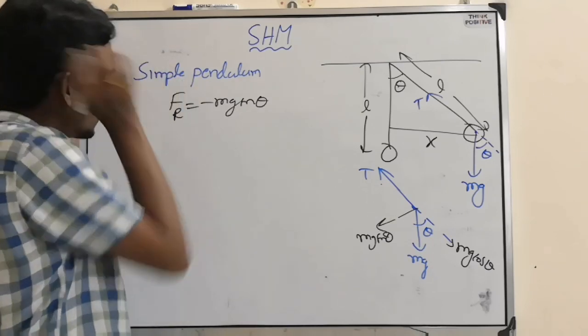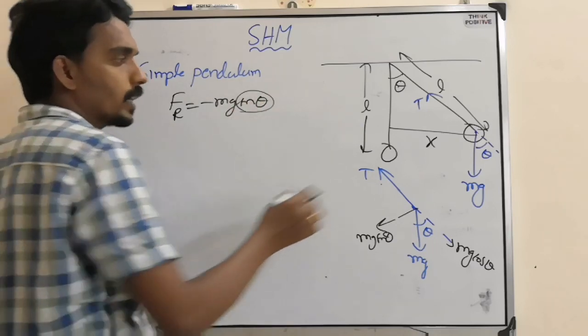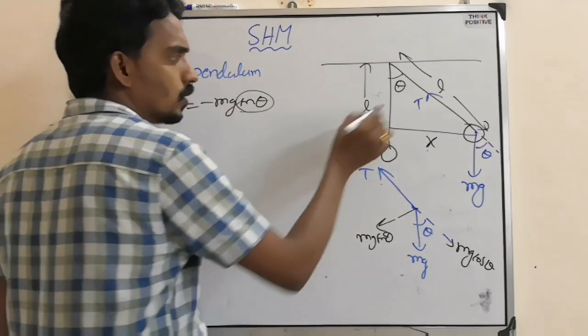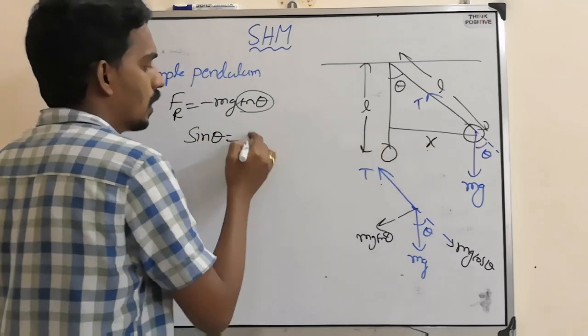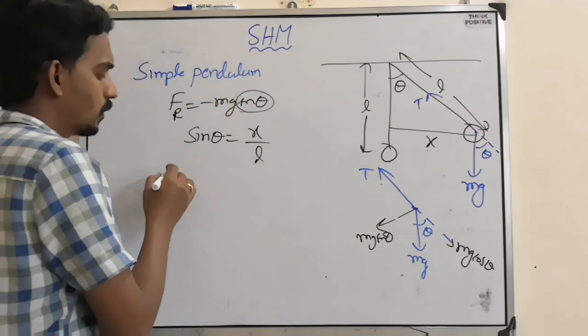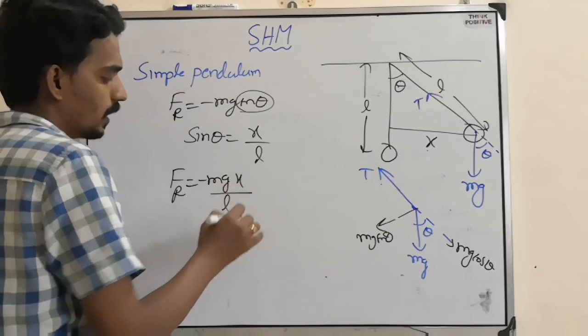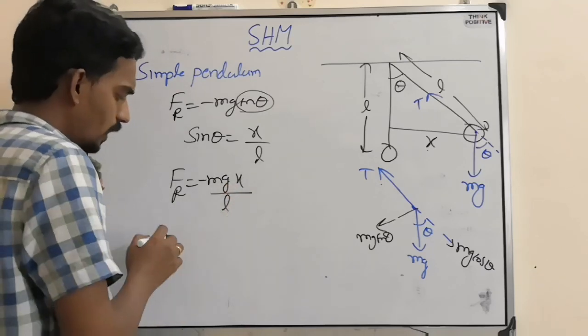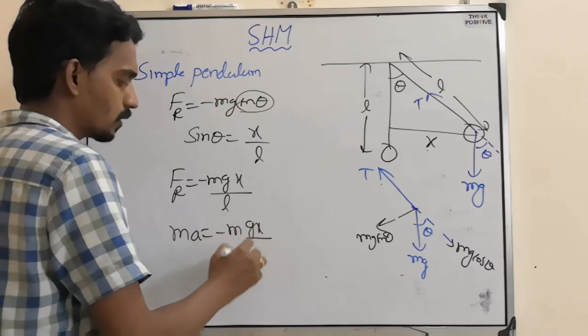Now after taking this restoring force, we need to manipulate, because we want the equation in terms of x. So here sin theta equals what? Opposite by hypotenuse, x by L. Then substitute here, Fr equals minus mg x by L. So here force equals mass into acceleration, minus mg x by L.